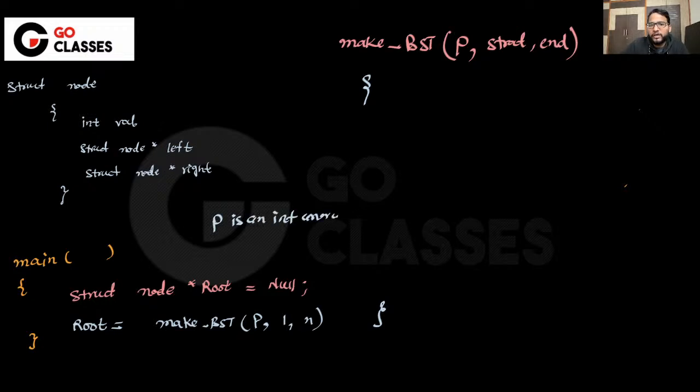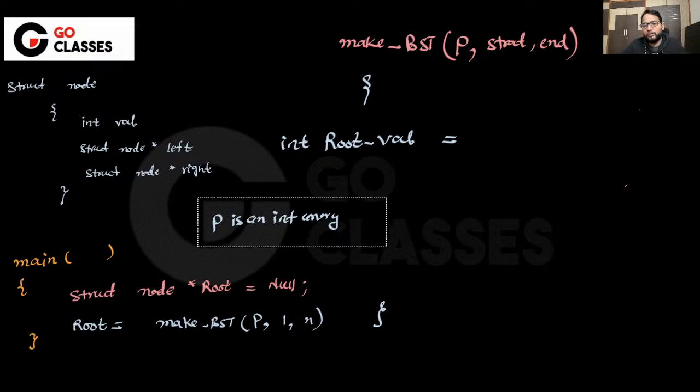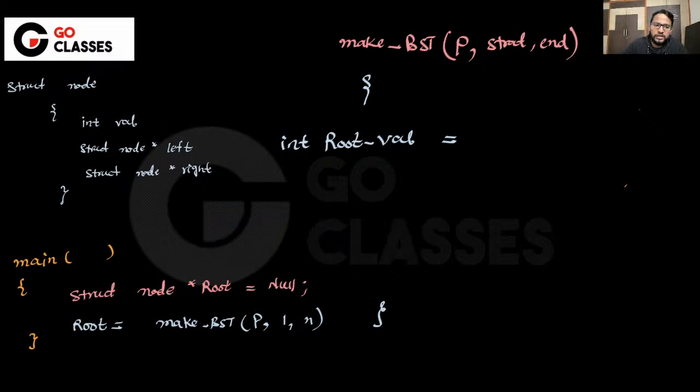So let me call it root_val, int root_val. Because p is an integer array, I want to be very sure how the code should look. So it will be p of end, which means this is the root that I'm having.